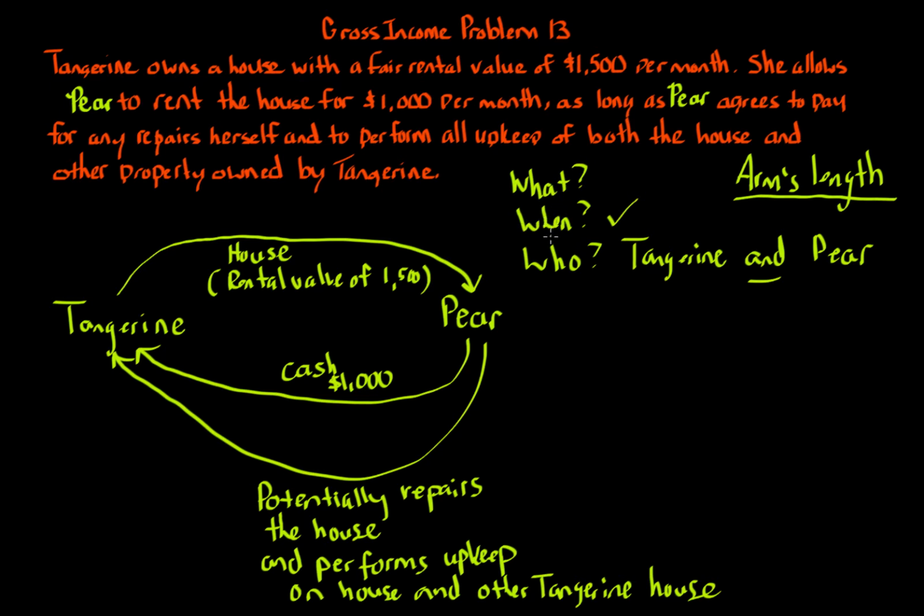If you recall, gross income is defined in the Internal Revenue Code under Code Section 61 as income from whatever source derived, which is very broad. Specifically, Glenshaw Glass provides us some guidance and says that gross income is an undeniable accession to wealth, which means our net worth, assets minus liabilities, has increased.